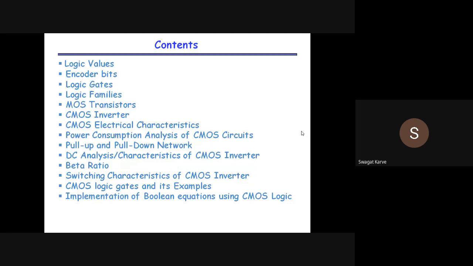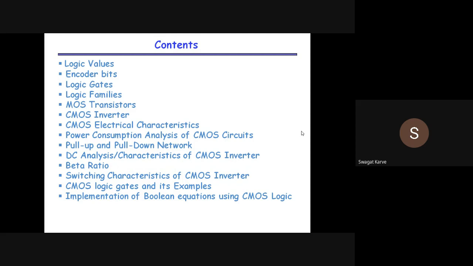For transistor logic, for which voltage level you can say it's a logic 0, and for which voltage level you can say it's a logic 1. So for each different type of logic family, there are certain predefined logic values for logic 0 and for logic 1. If you consider a CMOS logic family, there will be different levels, and if you consider PTL, there will be different logic levels to represent logic 0 and logic 1. So that we are going to understand.